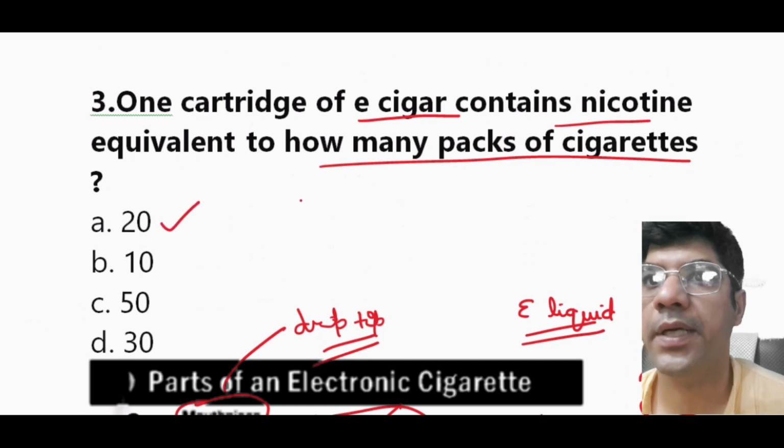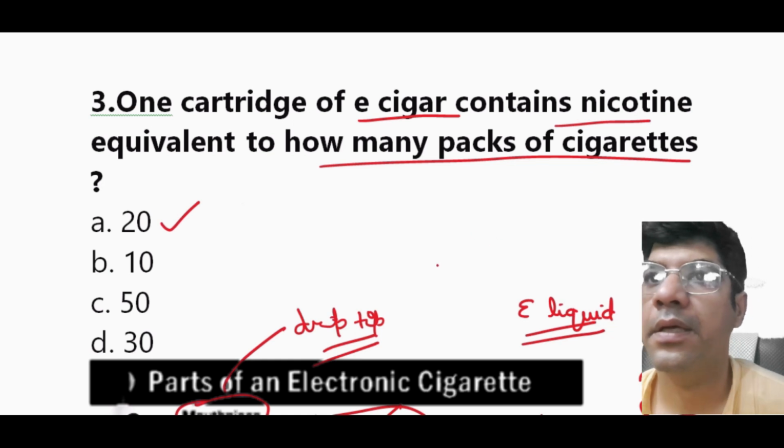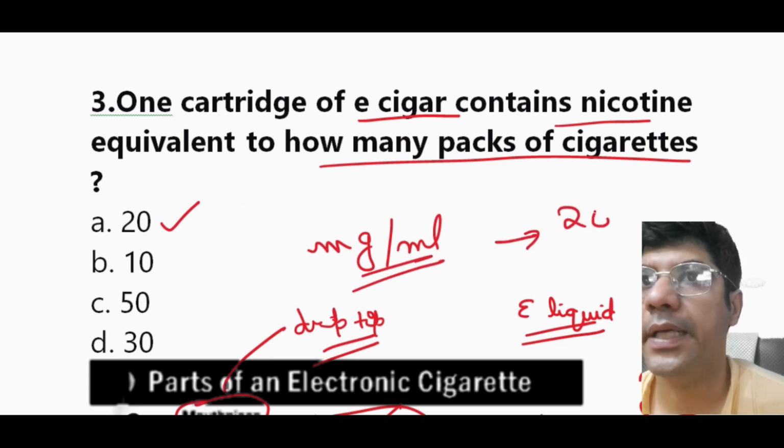The answer is 20. The nicotine concentration in e-liquid is measured in milligram per milliliter and it's 20.